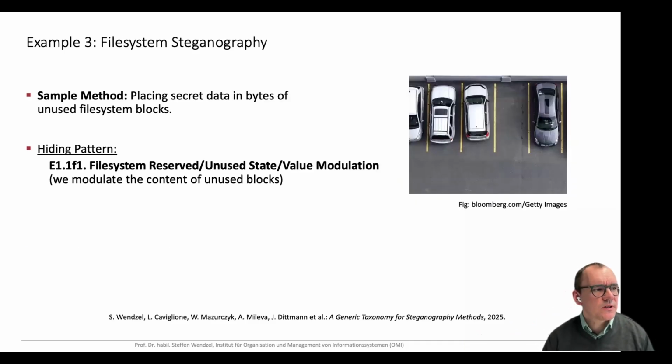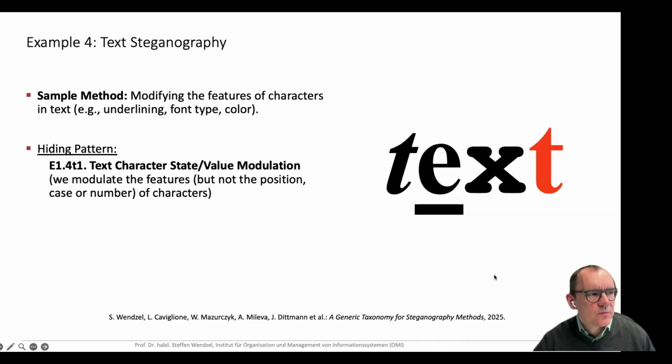In file system steganography, a typical method would be to use unused file system blocks to insert or embed secret bits into these blocks. So that would be file system reserved unused state value modulation. So we modulate a value and that's currently unused and it's in the file system. So it's file system reserved unused state value modulation. Text steganography, we could modify the features of characters, for instance, underlining something, making it italic, and that would be text character state value modulation.